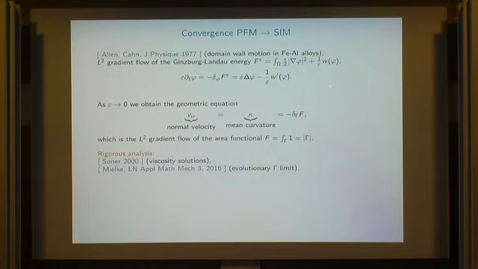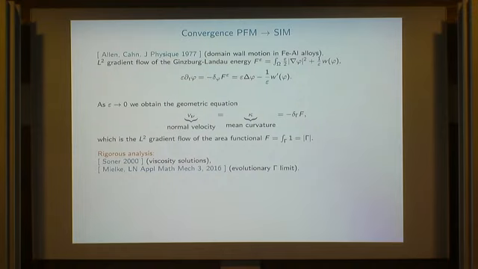He was thinking towards extending this notion of the gamma limit from the energies to the gradient flows of the respective energies, and you can make some assertions about that. Particularly, this case is covered.